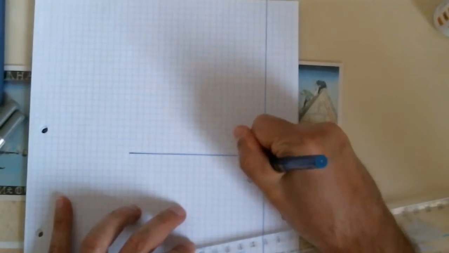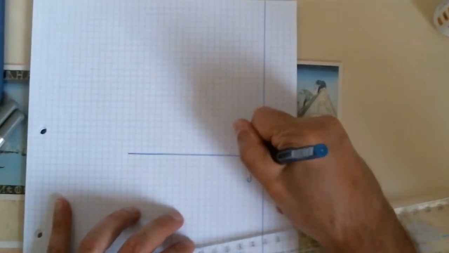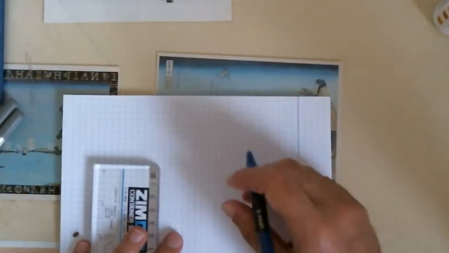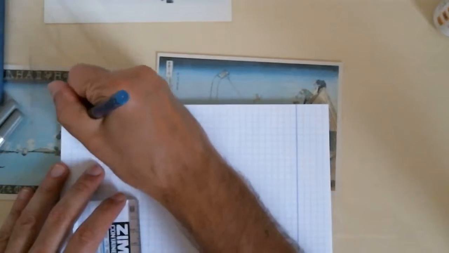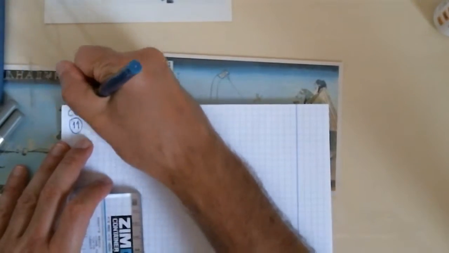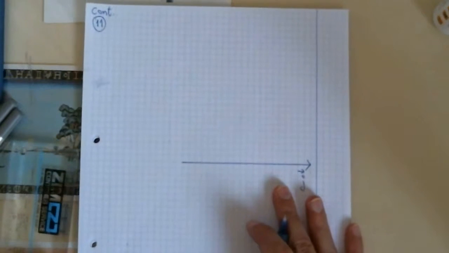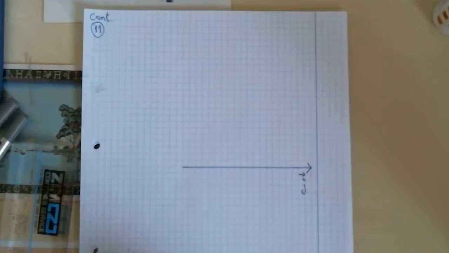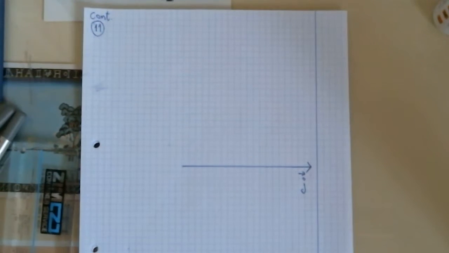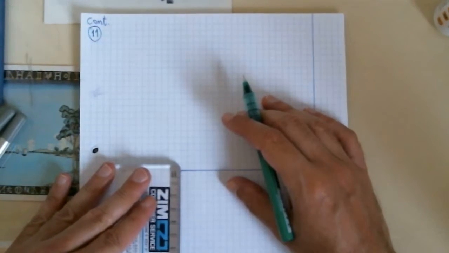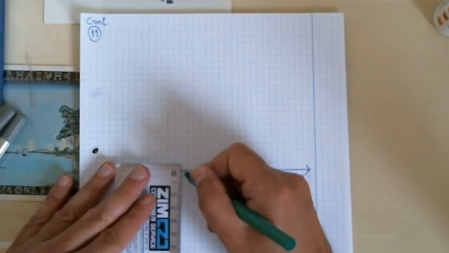This is J. And this is question 11 continued. And we have the J vector, we have the I vector, trying to make it in the same colors.